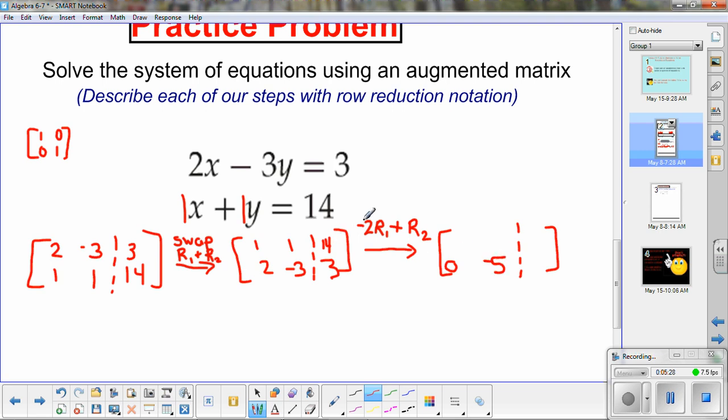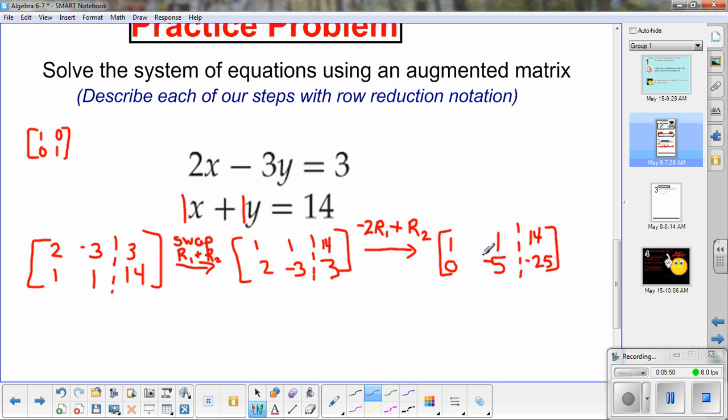And then 14 times -2 is -28. And then -28 added to 3 is -25. And then this top row is going to stay the same as it was. So far we have our 1, our 0.